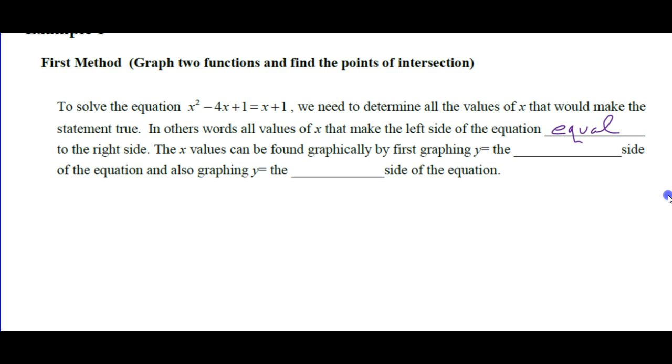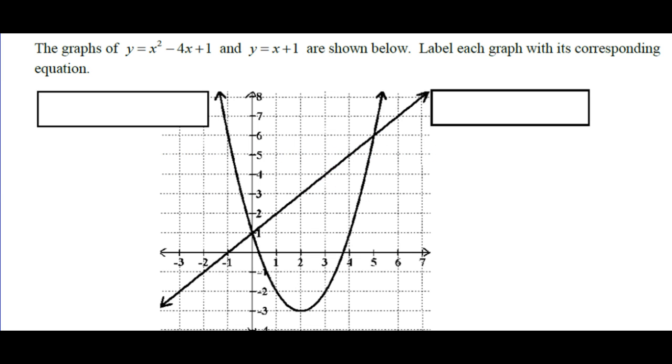The x values can be found graphically by first graphing y equals the blank side of the equation and also graphing y equals the different blank. So which side? The left side and then the right side. Okay, let's do it.